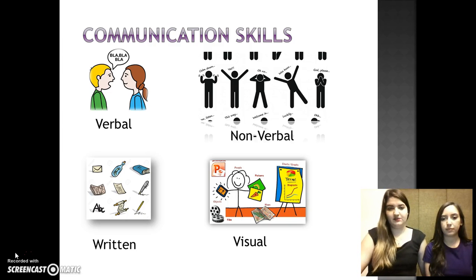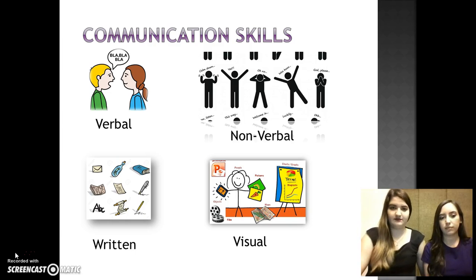Visual are the images that we are using in a presentation. For example, in this case, we want to use some shocking pictures about consequences that people have had when they use or abuse drugs. So with this, we are trying to be a little more persuasive than just with our talks, because when you show them results, they are way more convinced than if we just tell them not to do it.